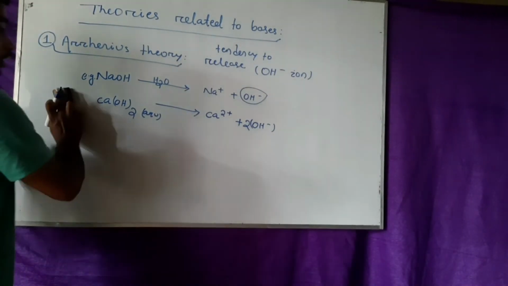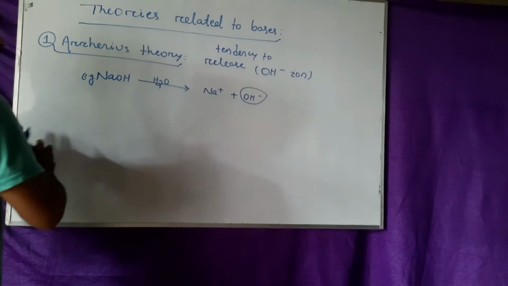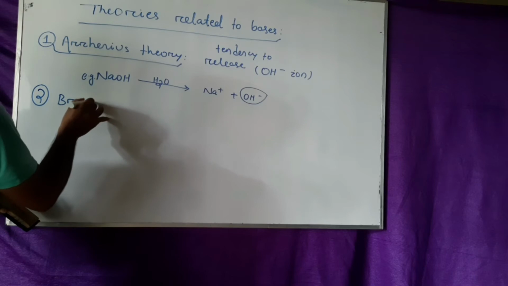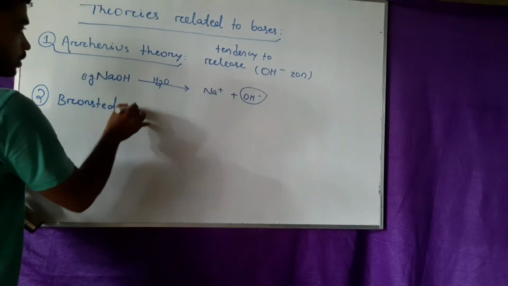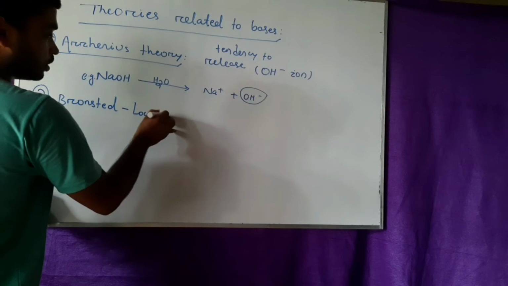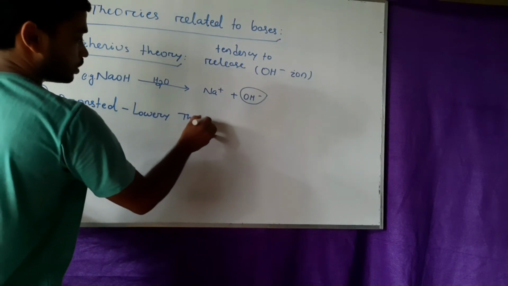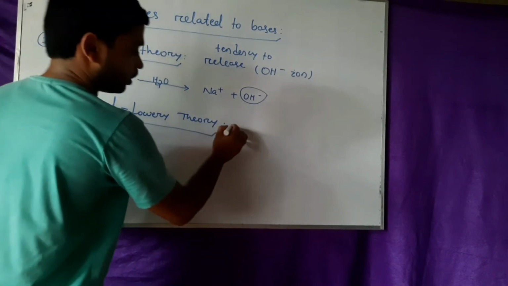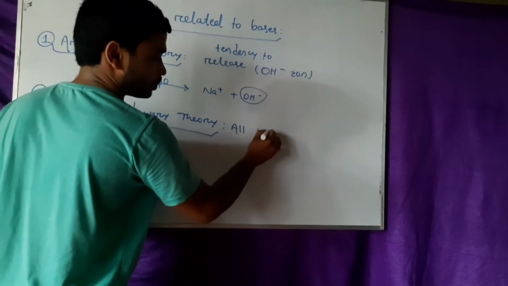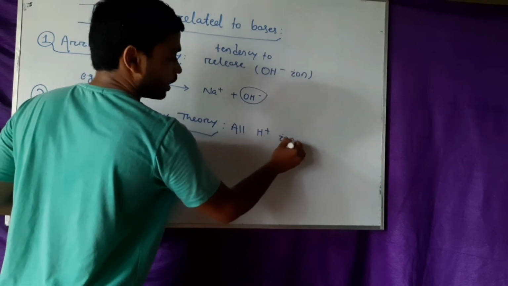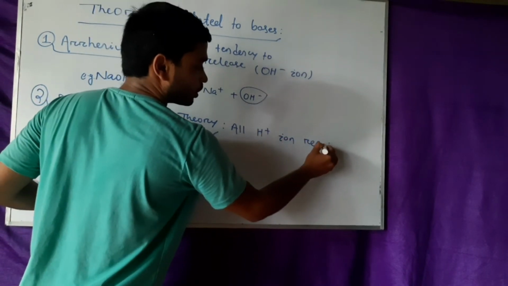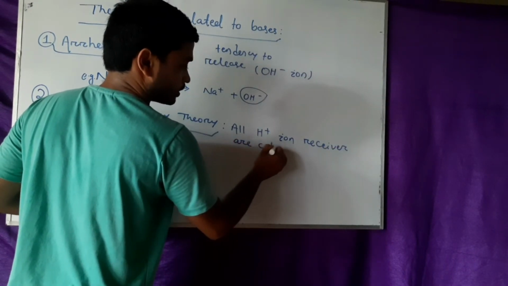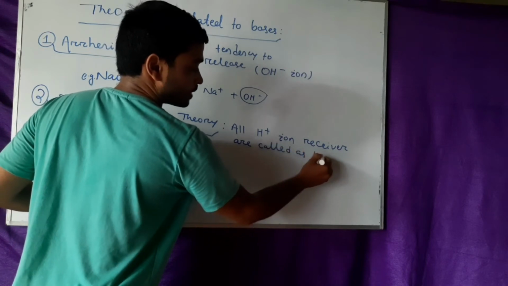Another theory is the Bronsted-Lowry theory, which says that all H plus ion receivers are called bases.